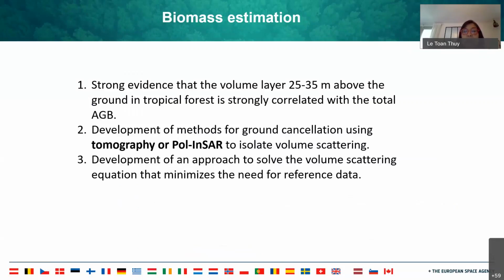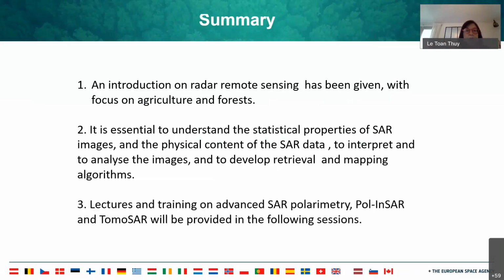And we need development of a method for topography compensation using tomography or PolInSAR to isolate the volume scattering, and to develop an approach to solve the volume scattering equation that minimizes the need for reference data. Because if the method is robust enough, then the need to have data everywhere is less demanding. And I think that I make a summary at the end.